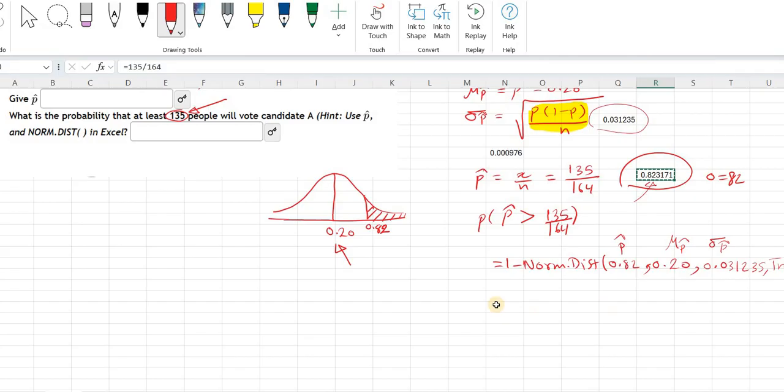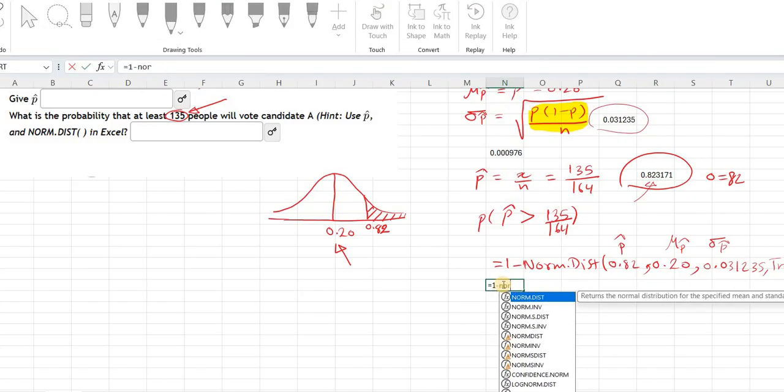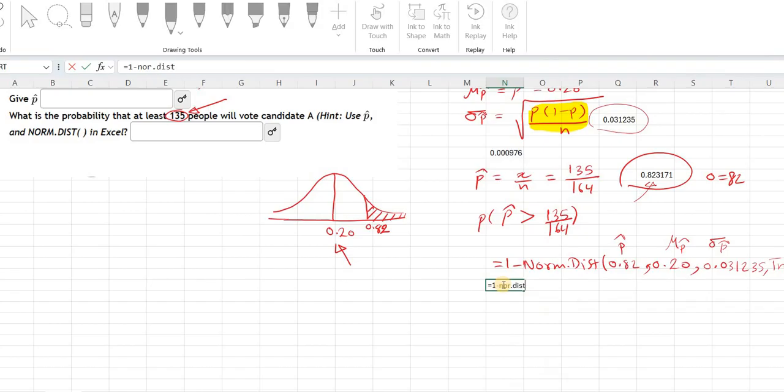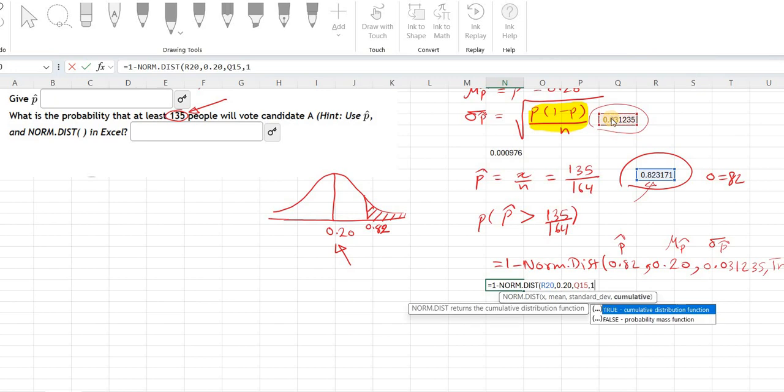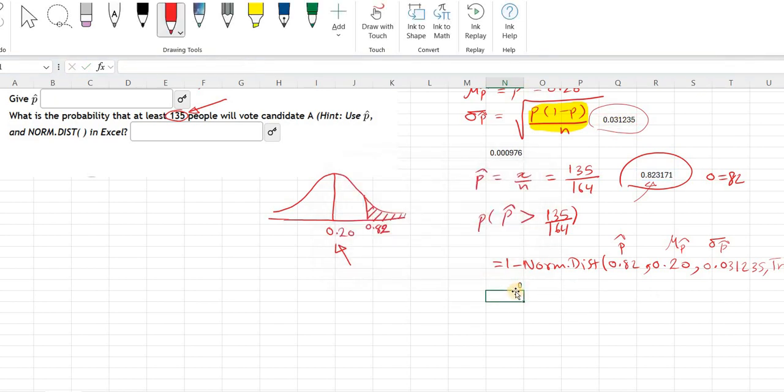You can basically type true there. And then I'm going to compute the values here, so this is equal to 1 minus norm dot distribution, and then open parentheses, norm distribution, of 0.82, that is the p hat, comma the mean, 0.20, comma the standard deviation, comma true, or you can type 1 basically for the option, and that will compute the value for you.